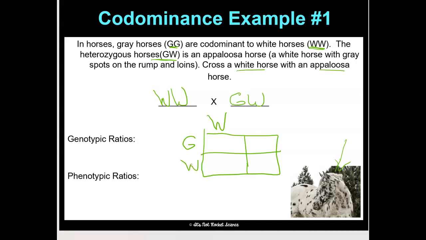So when we combine the G and the W, we're going to get an Appaloosa horse. And where we combine the white and the white, we're going to get a white horse. So notice we have one heterozygote to one homozygous white, and we also have one Appaloosa to one white horse. So again, in codominance, our genotype ratio and our phenotype ratio are going to be the same.